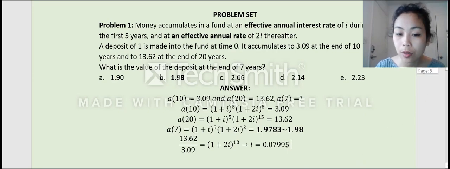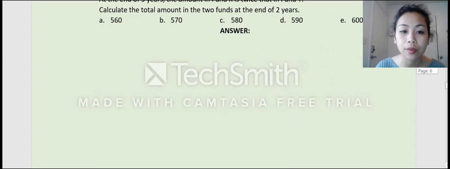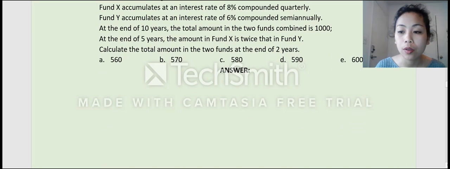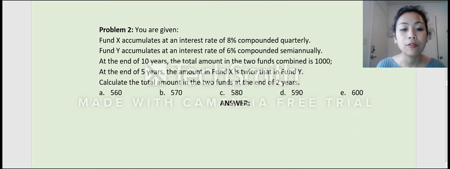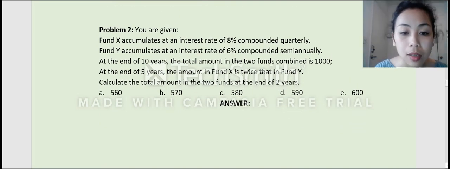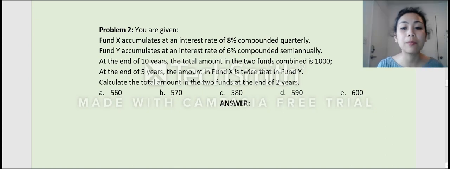Now we continue on the second problem. You are given fund X accumulates at an interest rate of 8% compounded quarterly. Quarterly, that means they use a nominal rate. Please get used to the terminology.